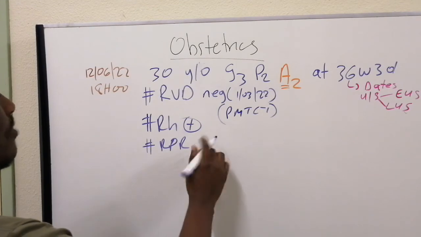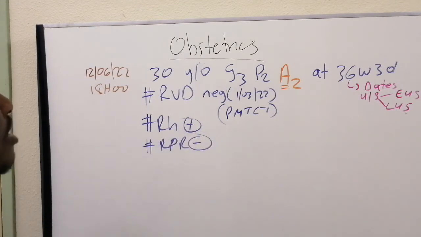So this one, you want to be negative, right? Because if it's positive, it means the mom has syphilis. I think I need to make a separate video for RPR, how to interpret it and all of that. But basically, when they are positive, look at the titer as well.